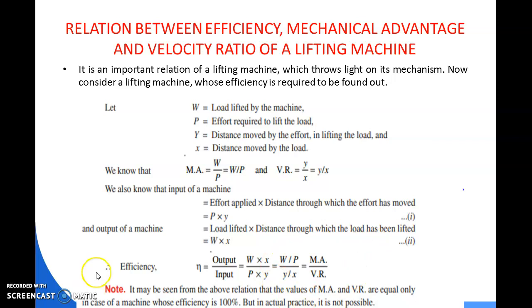Hence, the effort applied is P and the distance through which the effort has moved is Y. Hence, the input of a machine is equal to P into Y.